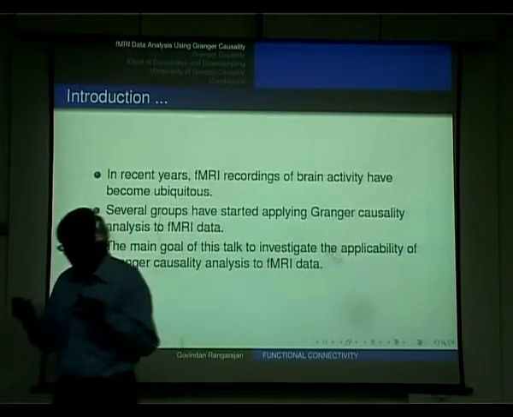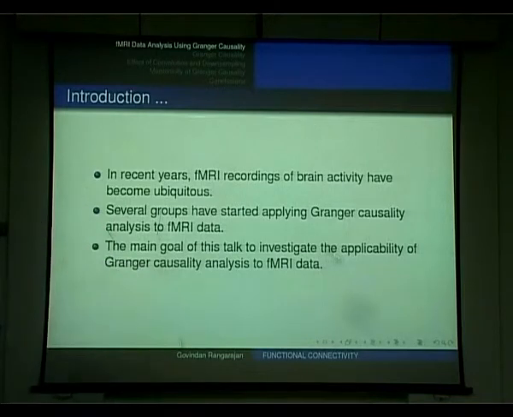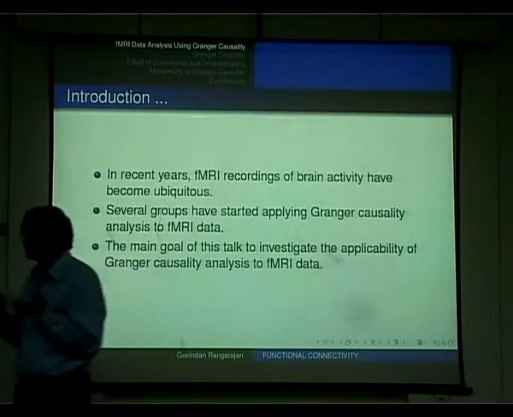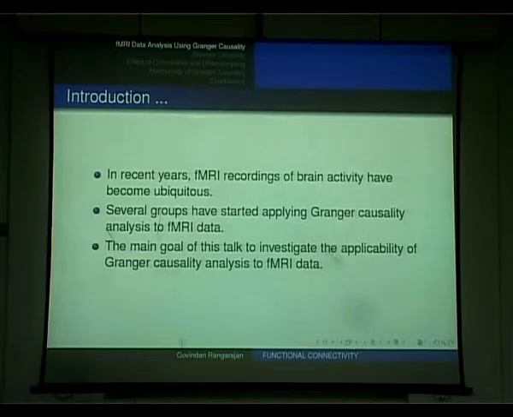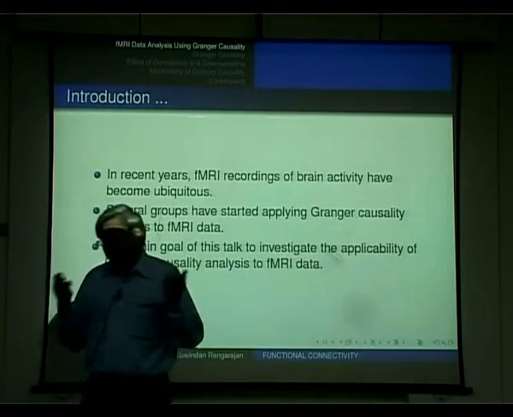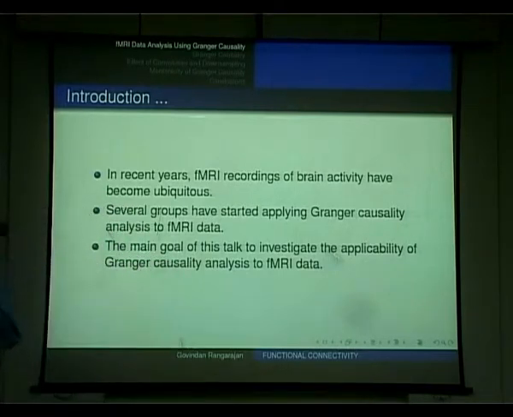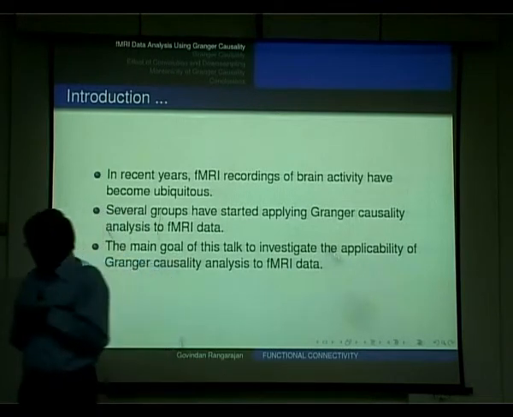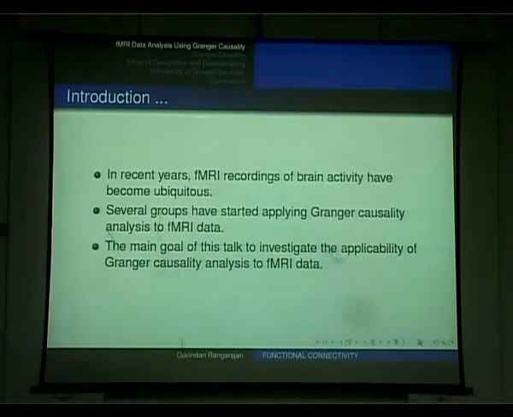Let me give you one application which has been gaining a lot of traction recently, a clinical application. It turns out that there exist what are called resting state networks. The person lies in the fMRI machine and lets his or her mind wander, essentially does not do anything in particular, and then you record the fMRI data from such a person.